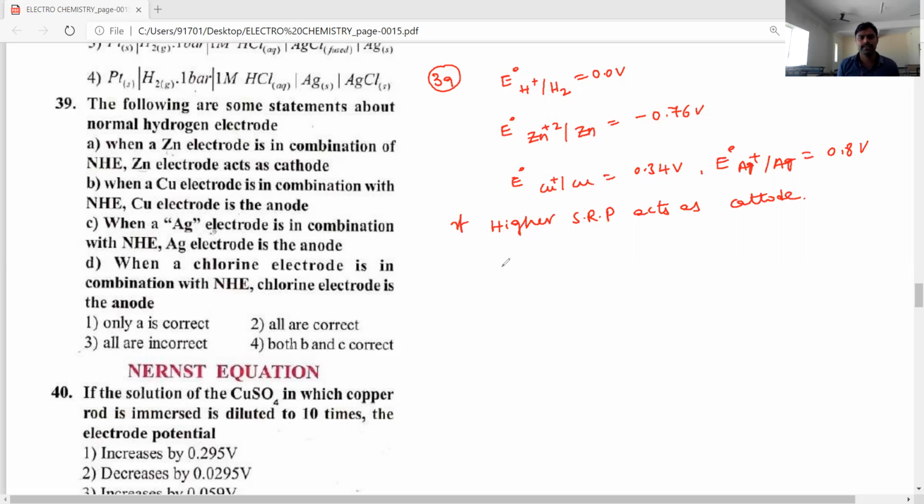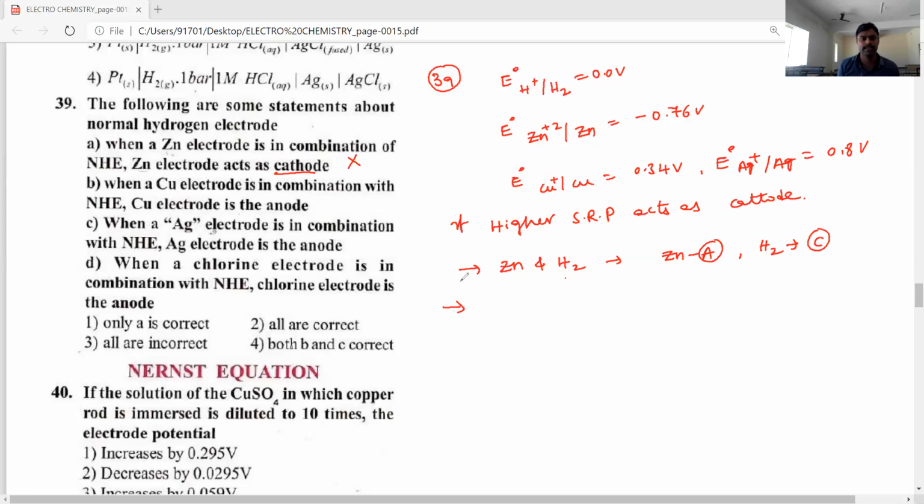When zinc and H2 are compared, in which higher SRP is hydrogen, the zinc is anode and hydrogen is cathode. The first statement they gave, when the zinc electrode is combined with the standard or normal hydrogen electrode, zinc acts as a cathode. That's why it is a wrong statement.